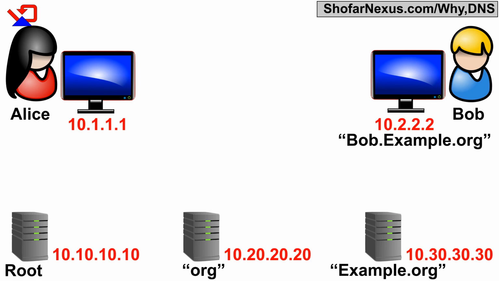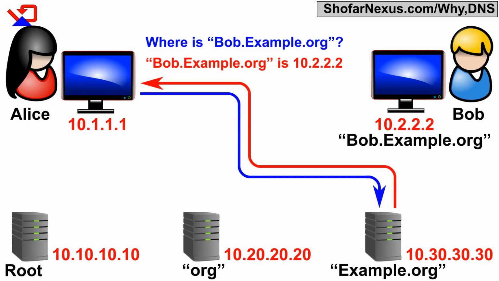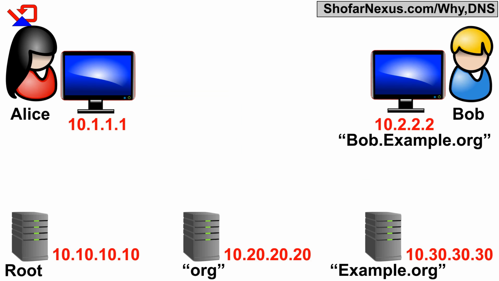Now Alice's computer has more specific information to use and sends a third DNS query to an example.org name server requesting bob.example.org. The example.org name server will return with the specific or authoritative response that bob.example.org is at 10.2.2.2. Note that Bob's computer is not involved in this process and will not know that it is occurring.